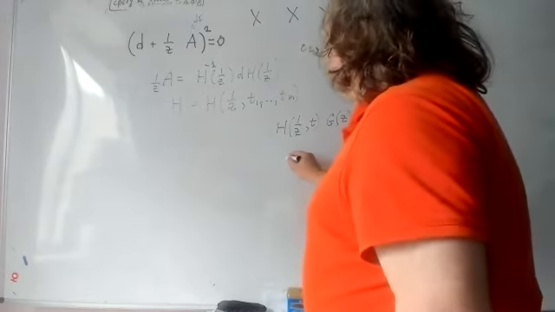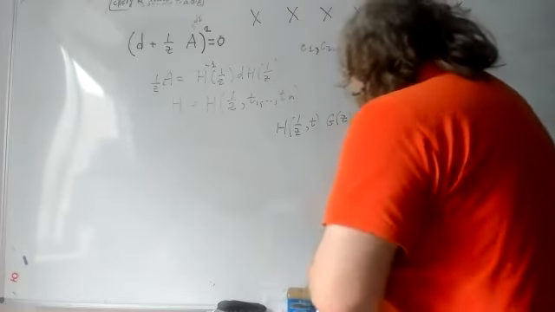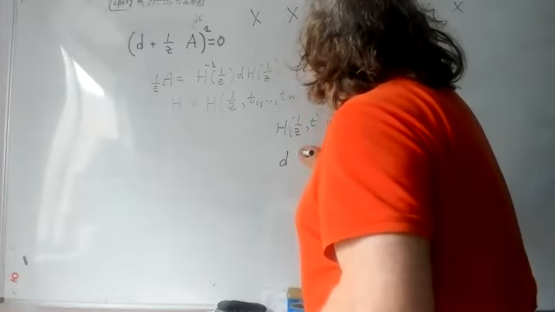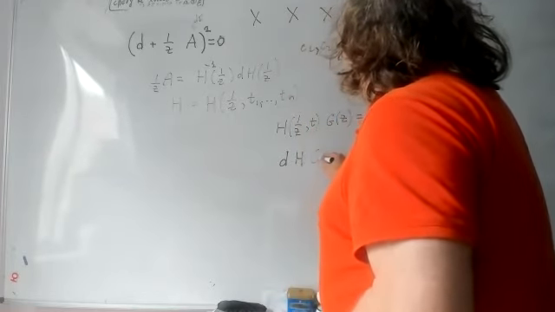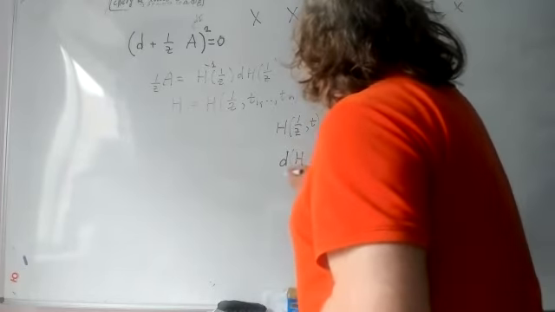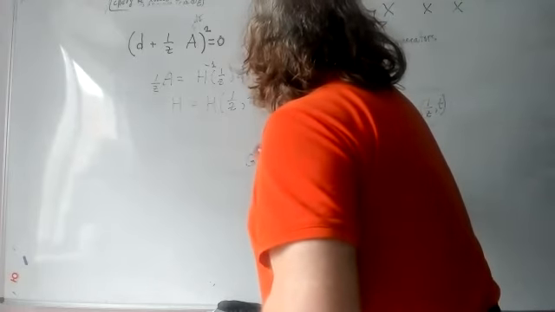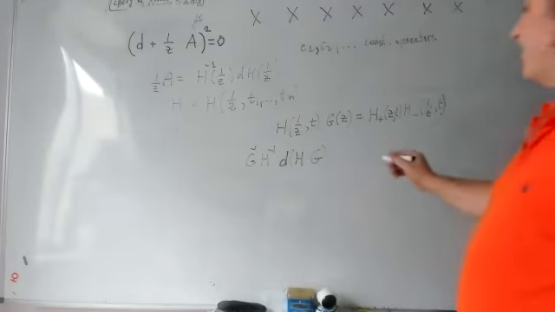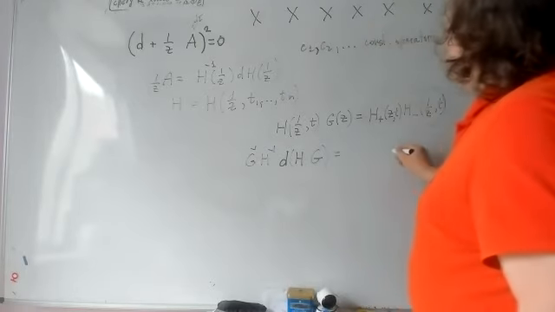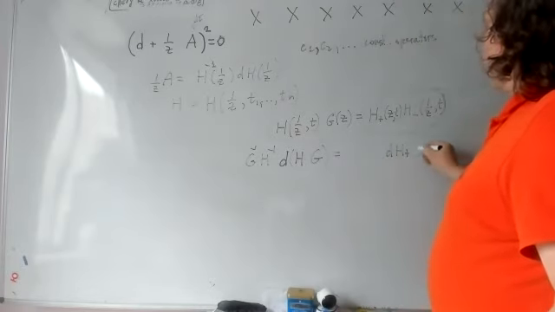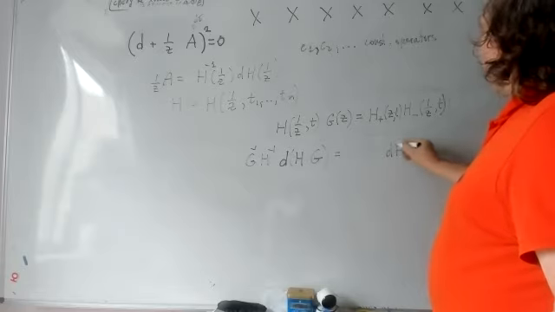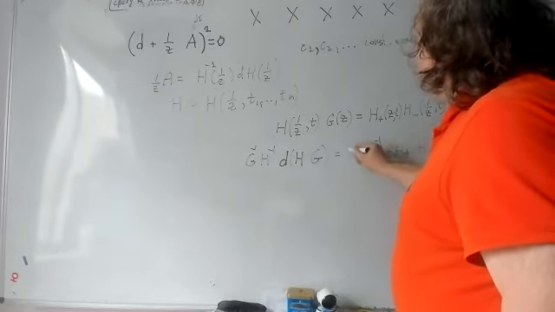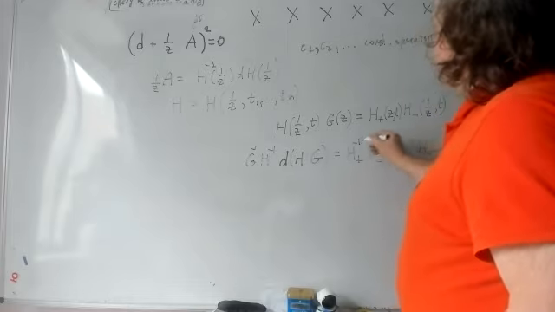So d(HG), and I'll also take G^{-1}H^{-1} on the left, equals d(H_+H_-) H_-^{-1}H_+^{-1}.